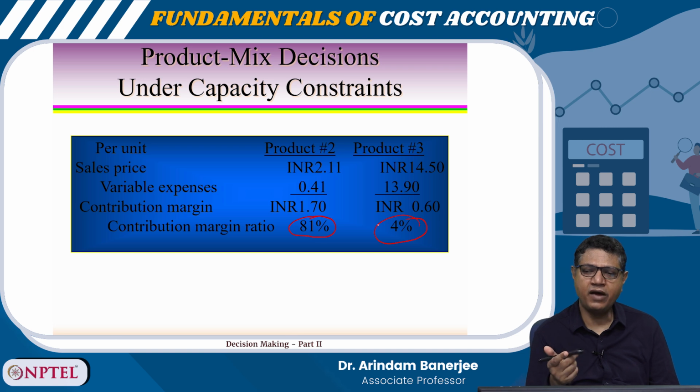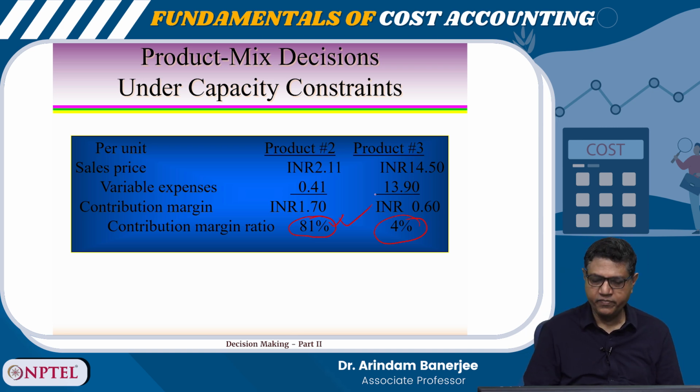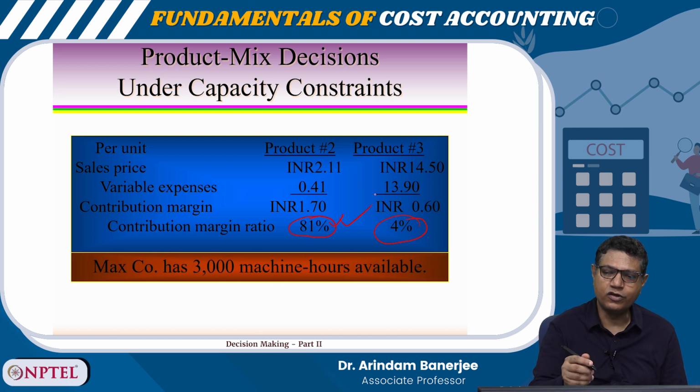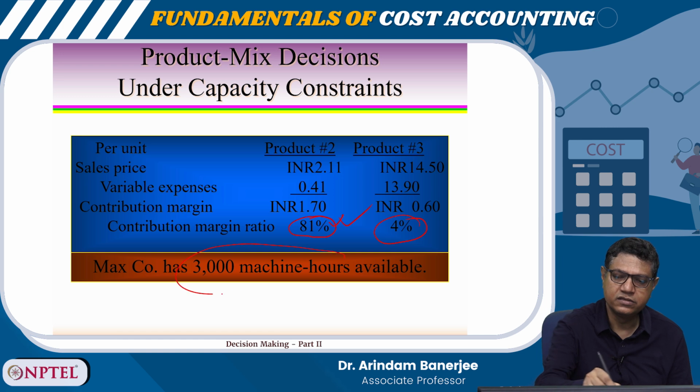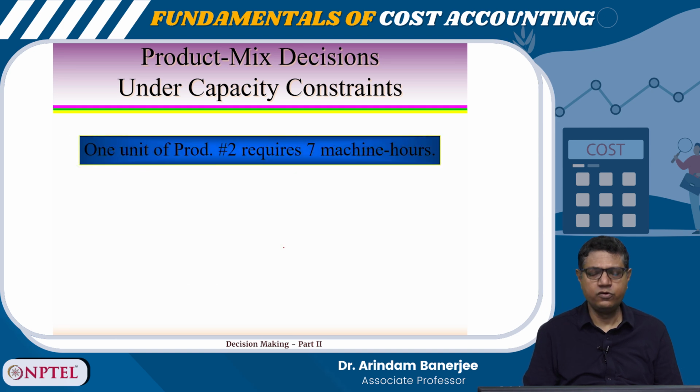If my factors of production are available in abundance, then I should always go for this, but in practice it doesn't happen. So here I have a constraint. The constraint is the machine hours. The total machine hours availability is only 3000 units, not more than that. Now I have to calculate contribution per unit of key factor.